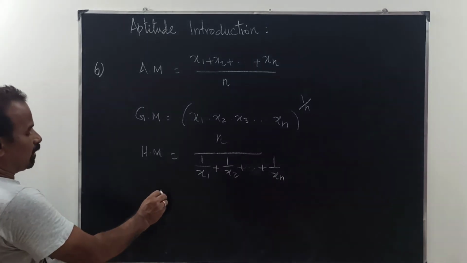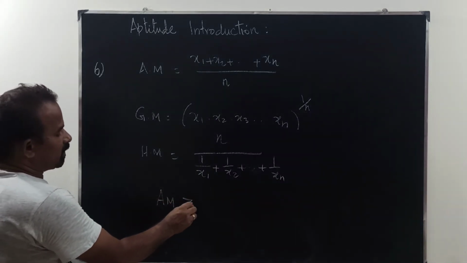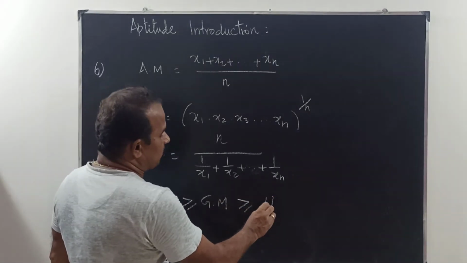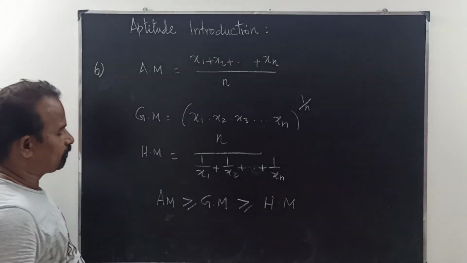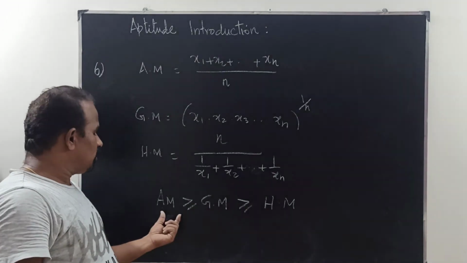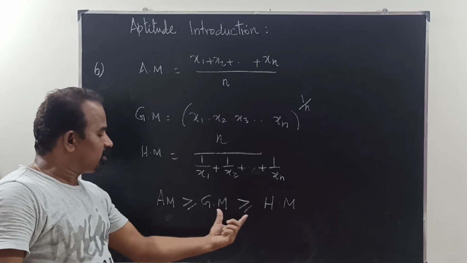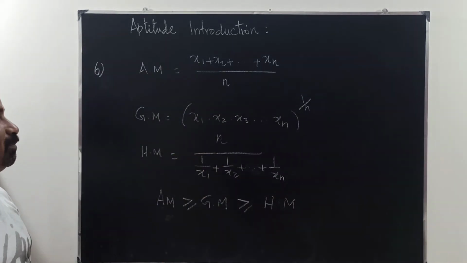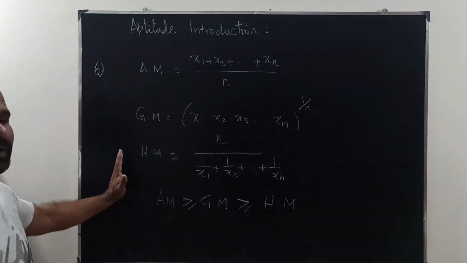Actually, arithmetic mean is greater than or equal to geometric mean, and geometric mean is greater than or equal to harmonic mean. Here, equality holds when all the observations are equal.